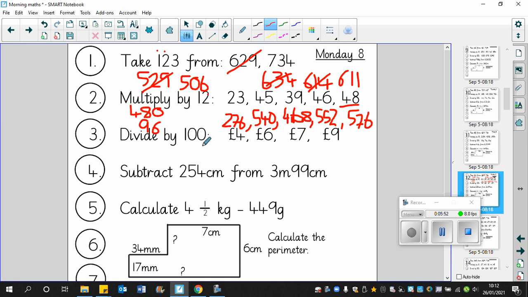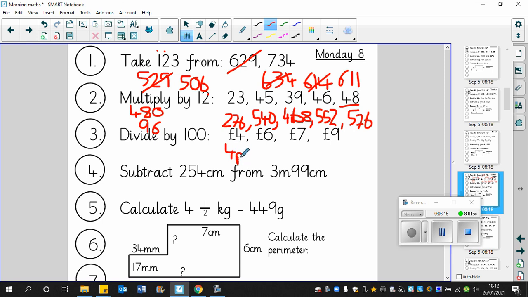Okay, divide by 100. Now, I think these are very similar to yesterday's questions. But anyway, dividing by 100, remember £4 is 400 pence. So therefore, 400 pence divided by 100 is just 4p.